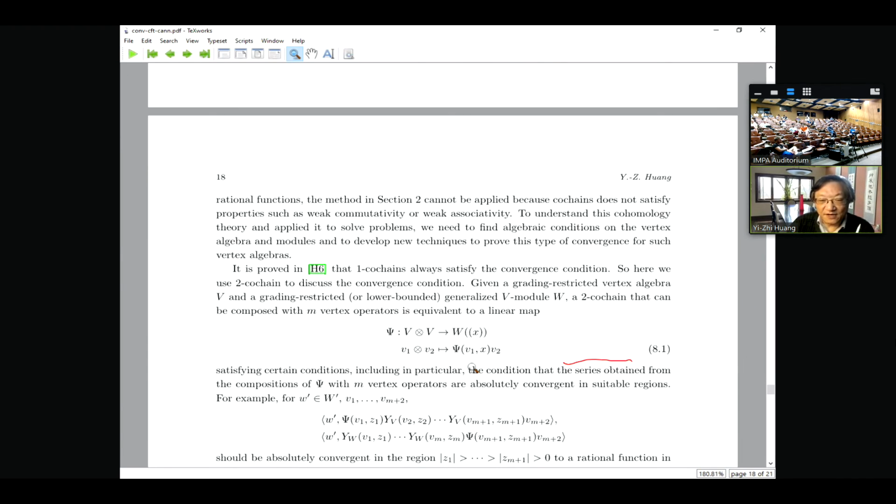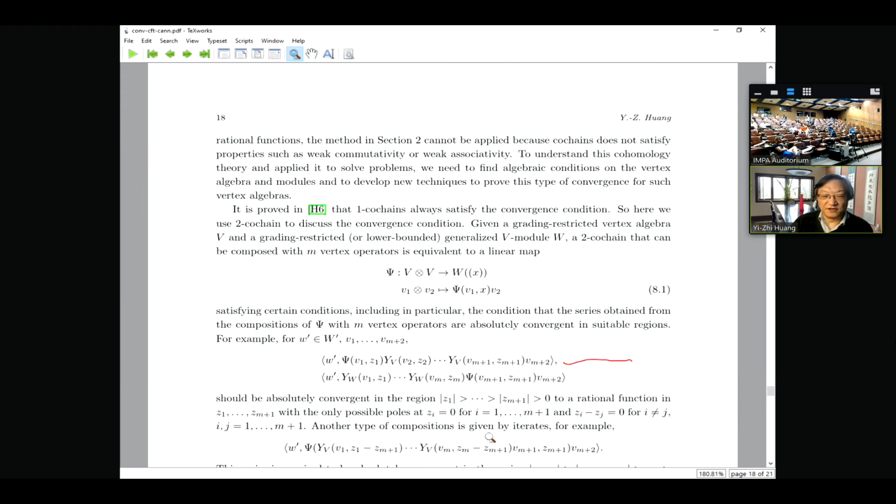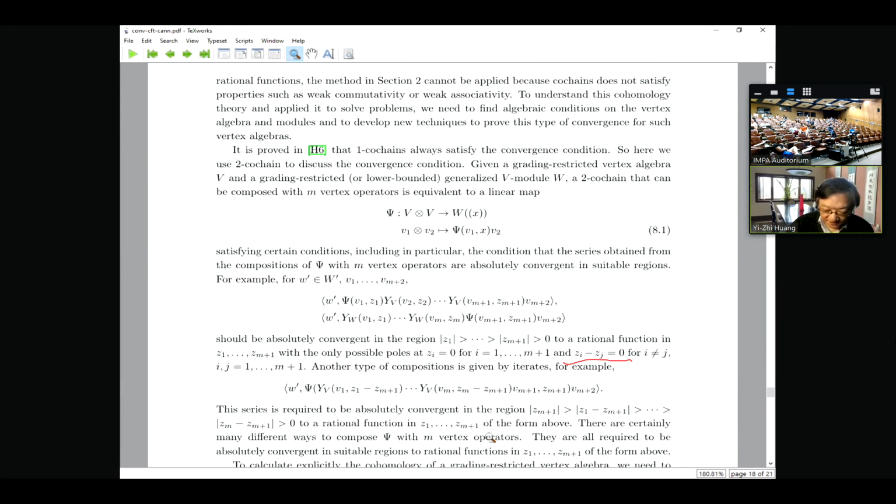If we have such a map satisfying some additional conditions, including one condition that you have to make sure that the product of this map with these vertex operators should be convergent. Okay, so this is the kind of convergence condition I need. The reason why I need this to be convergent, and convergent to rational functions, is that the co-boundary operation needs this kind of composition.